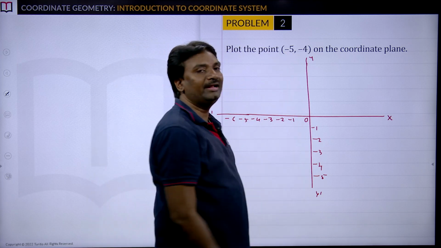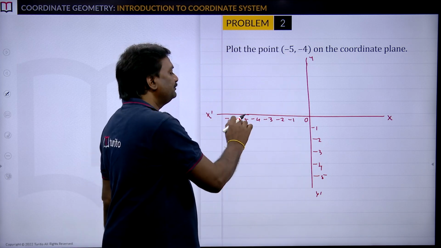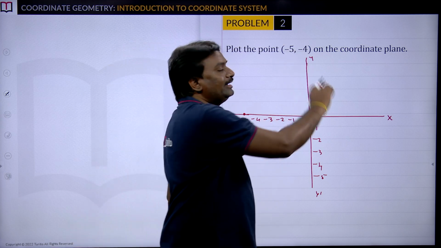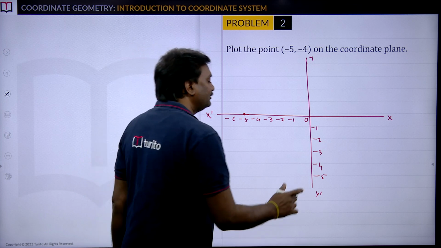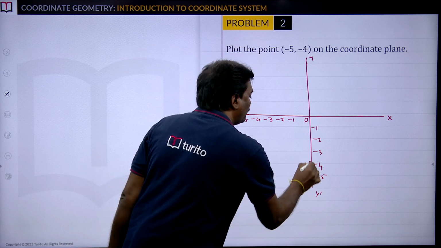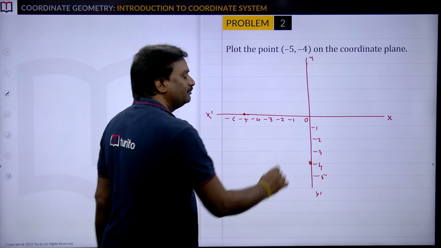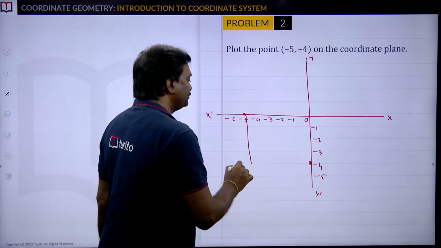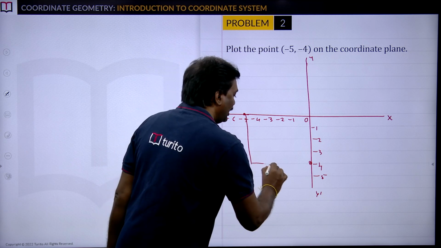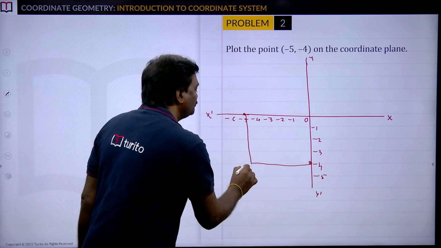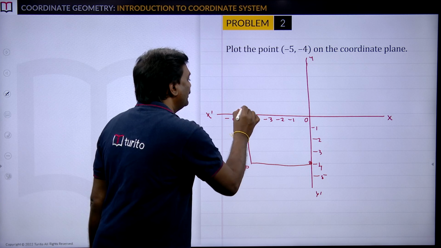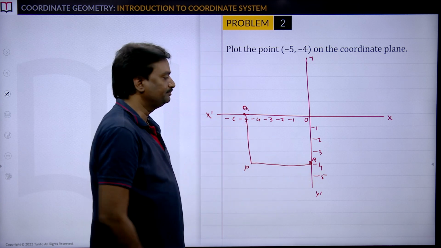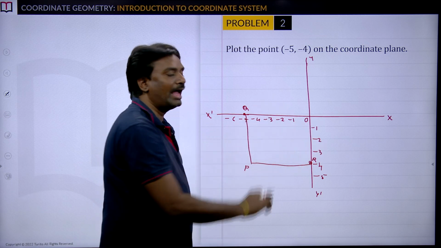The x coordinate is -5 on the x-axis and the y coordinate is -4 on the negative y-axis. Taking two perpendicular lines from -5 and from -4, suppose this is Q and this is R, and the meeting point is P. From Q to point P the distance can be taken as 4.